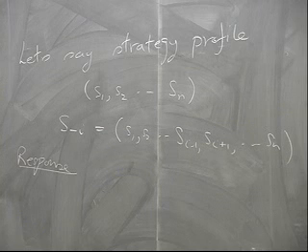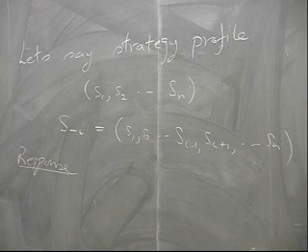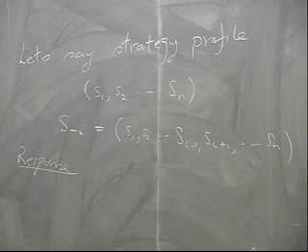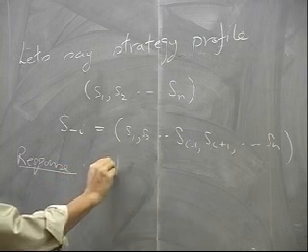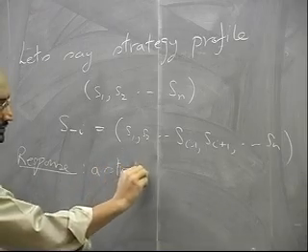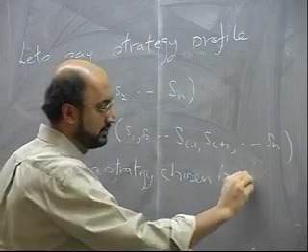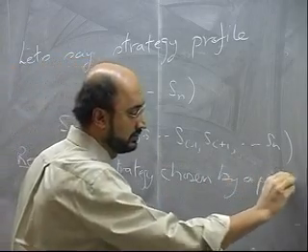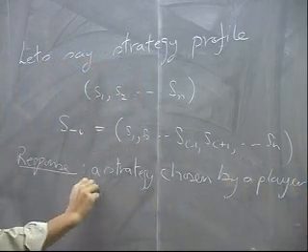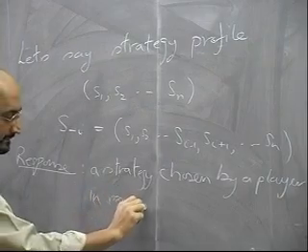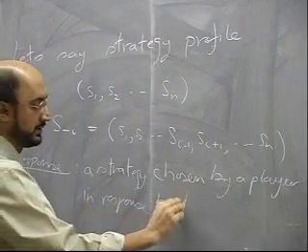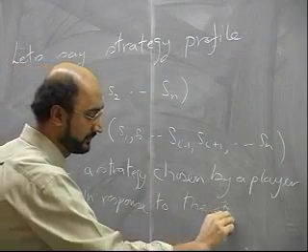If I know that the strategy of the other player is S1 of that player, then what should be my response? I can choose some response. Whatever my response is, that is a response. A response is basically a strategy, any strategy chosen by a player in response to the other player's strategies.